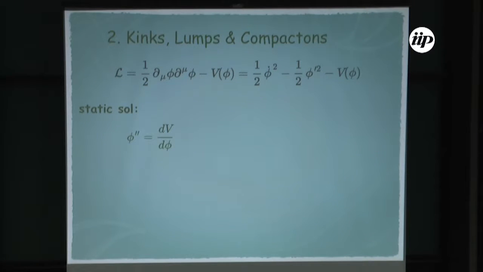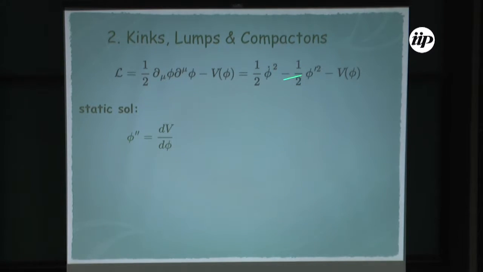Kinks, lumps, very briefly. This is my field theory. I'm always with one field in one spatial dimension. It's very easy, 1 plus 1 dimensions. This is my model, and I look for a static solution. So the equation of motion is this one. This is an ODE.